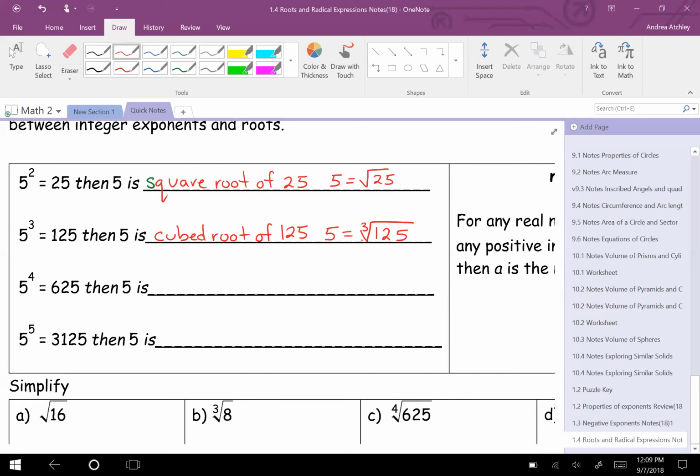Okay, going on. We have 5 to the 4th is 625. Then 5 is the 4th root of 625. So 5 is the 4th root of 625.